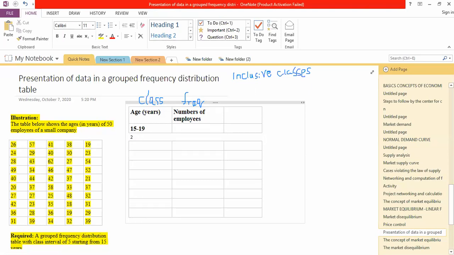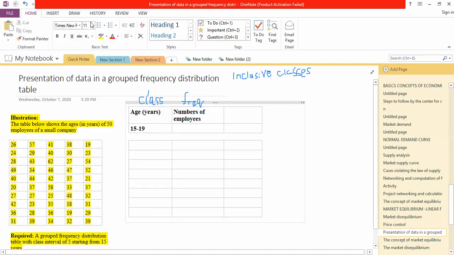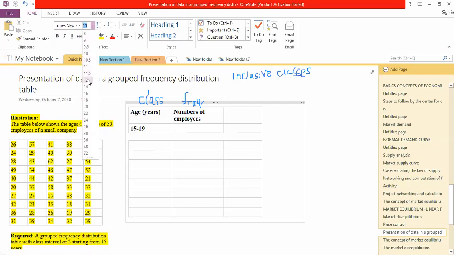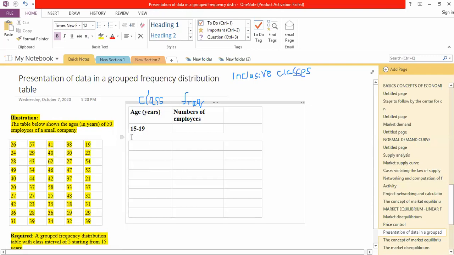My classes are inclusive. So I'll start with the value of 20 to 24.